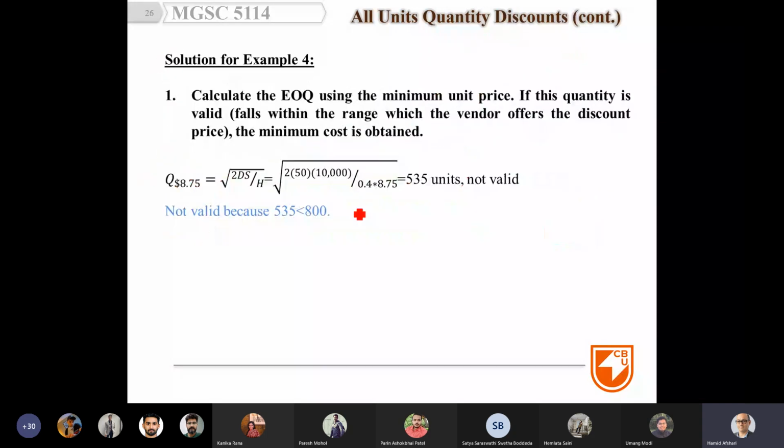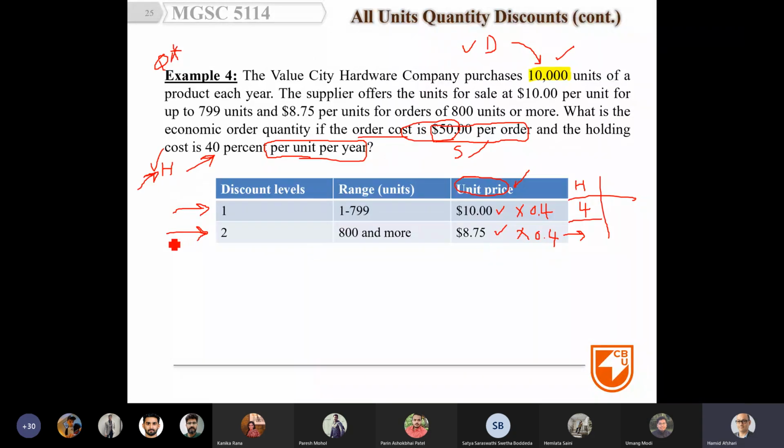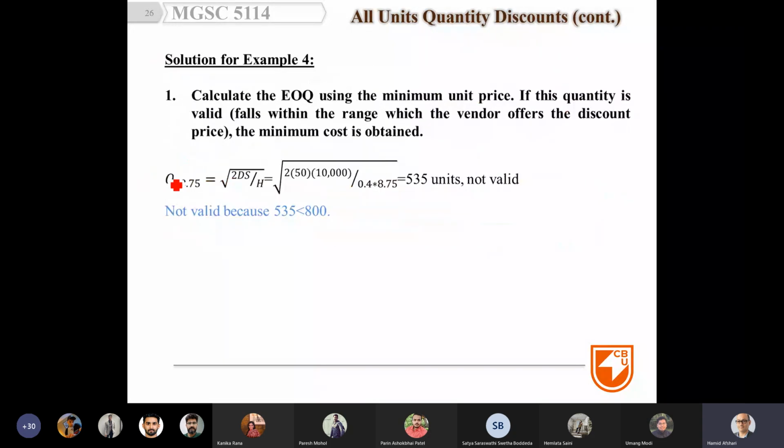And holding cost is 40% of the price, because I am starting from the most interesting range, which is the cheapest price. So I am trying to calculate Q star for $8.75.